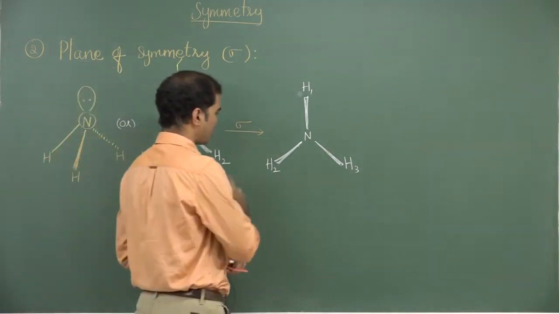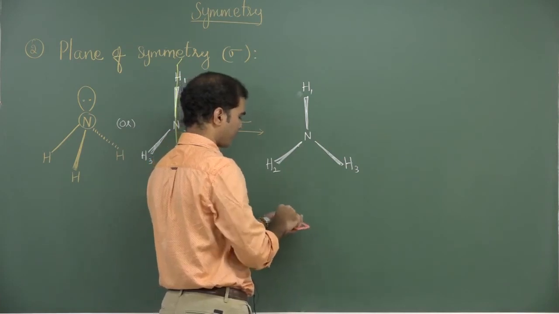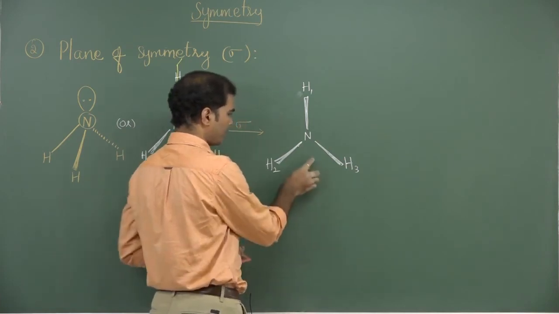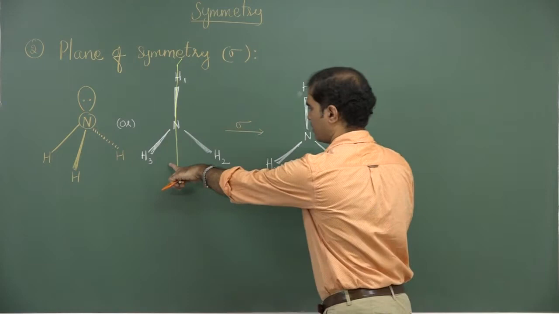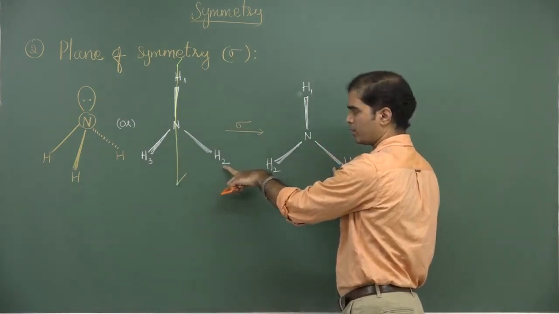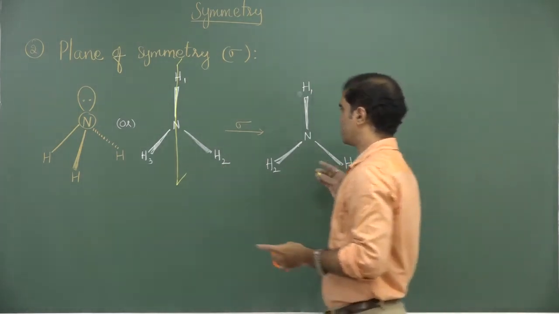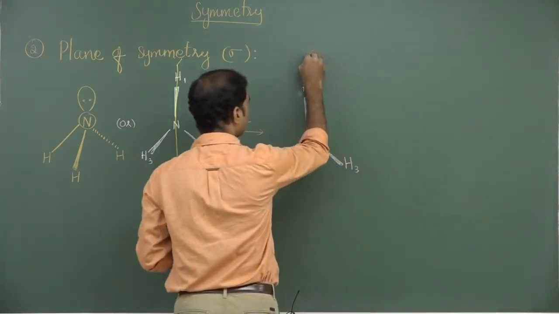Now whatever structure that you are getting here, this particular structure and the first one, they are not identical. Since 2 is towards your right hand side, that is being replaced by 3. So let me pass one more plane.